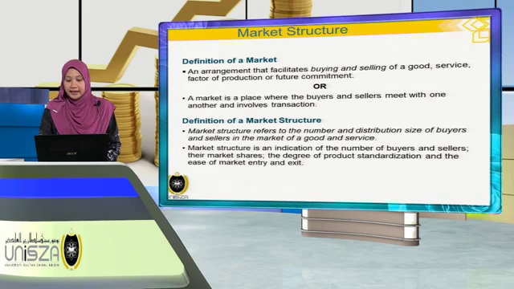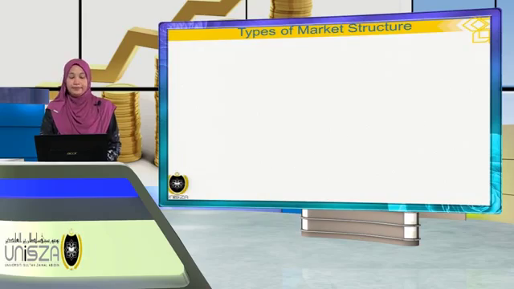So, market structure is an indication of the numbers of buyers and sellers, their market shares, the degree of product standardization, and the ease of market entry and exit.